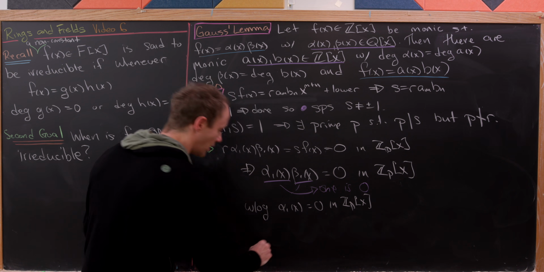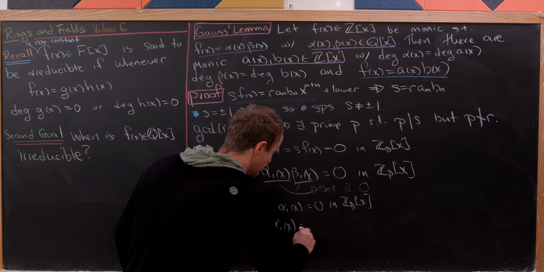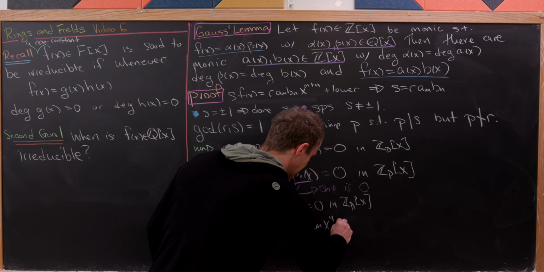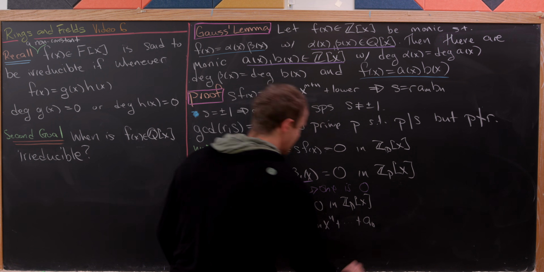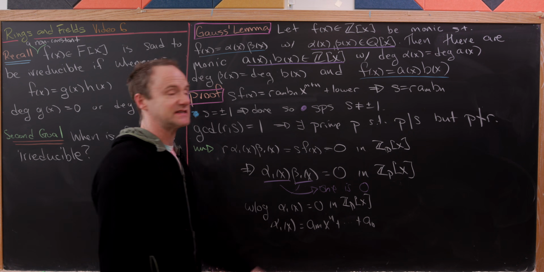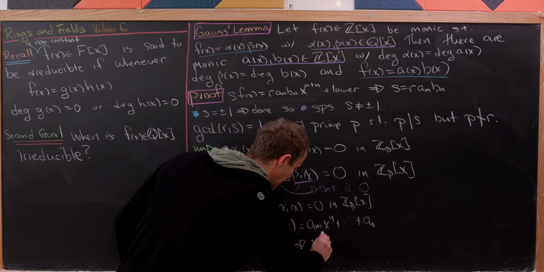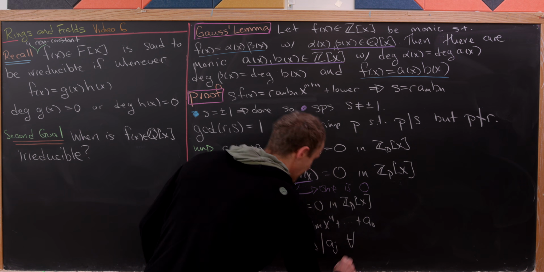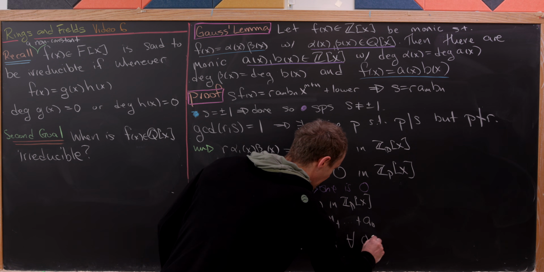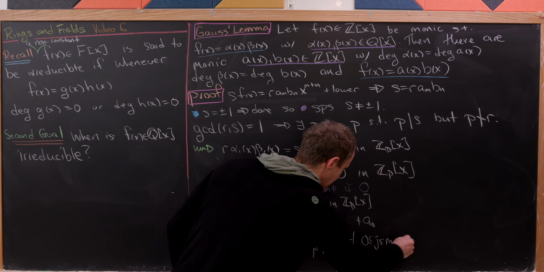Well, recall that α₁(x) was equal to a_m x^n plus all the way down to a_0. But the fact that this is 0 in Z_p adjoin x tells us that p divides a_j for all j between 0 and m.